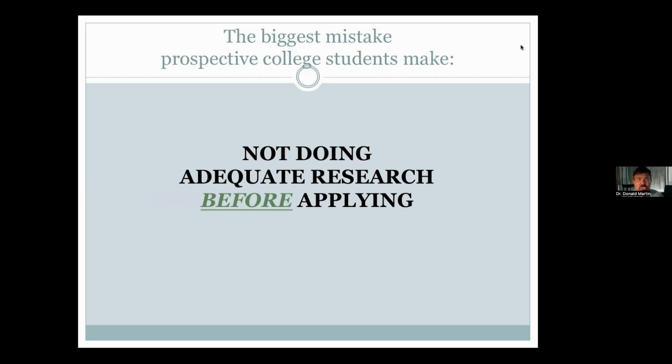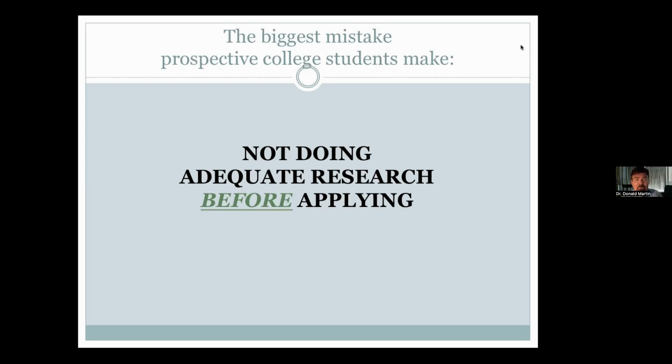This is so sad, but it's so common. Many applicants make an assumption that the only 1 or 2 areas they need to think about when they're deciding where to apply is a ranking or the endorsement of someone, a friend, a family member, an advisor. Now, I'm not suggesting that rankings or word of mouth, as I like to call it, are not useful.